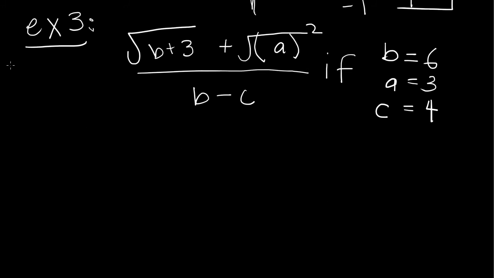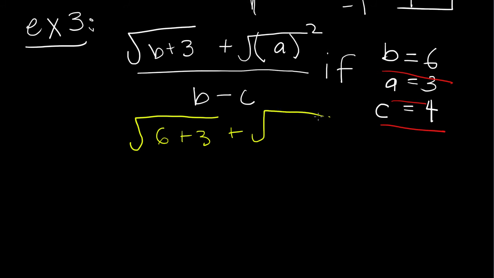Alright, so let's do some substitution, right? B is 6, A is 3, and C is 4. So let's rewrite this. So square root of B plus 3, so 6 plus 3, plus the square root of A squared, so that's 3, and over 6 minus 4.